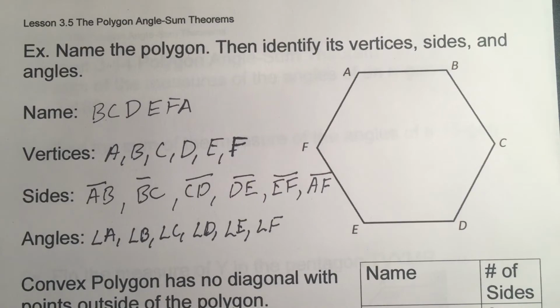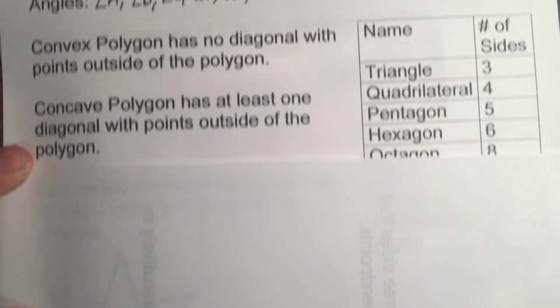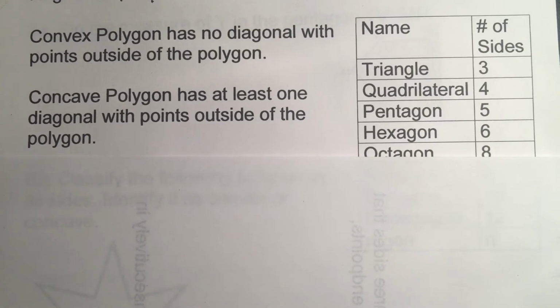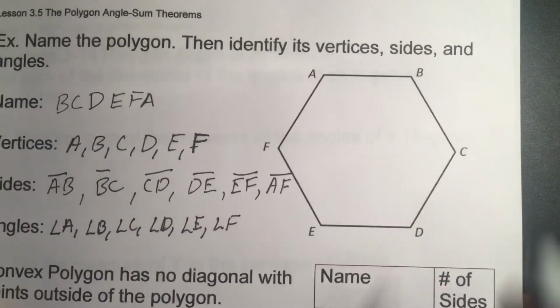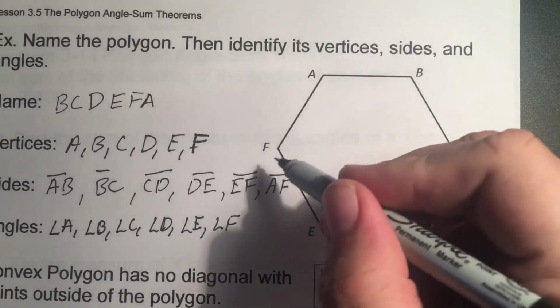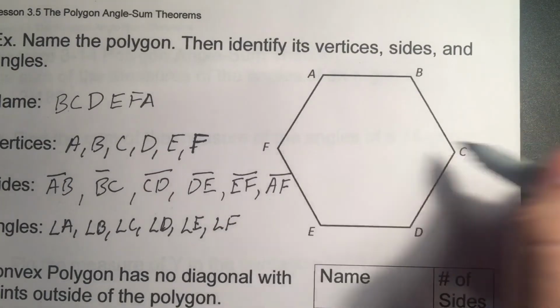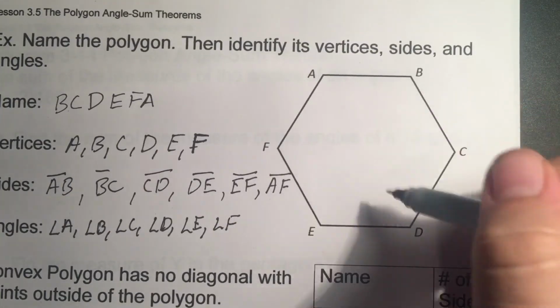All right, so next part about this is when we get to classify them, we're going to classify them with two different parts. First, convex or concave. Convex is when we have no diagonals with points outside the polygon. So this one here would be convex because any diagonal I draw, any diagonal connecting two of the sides, is going to be completely inside the shape.